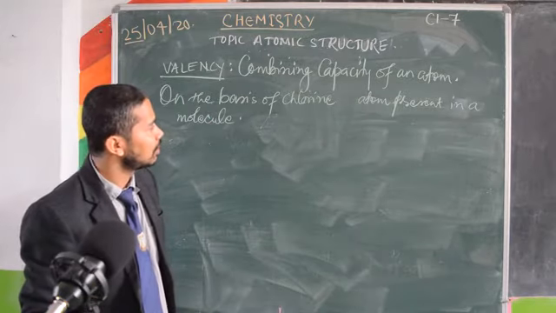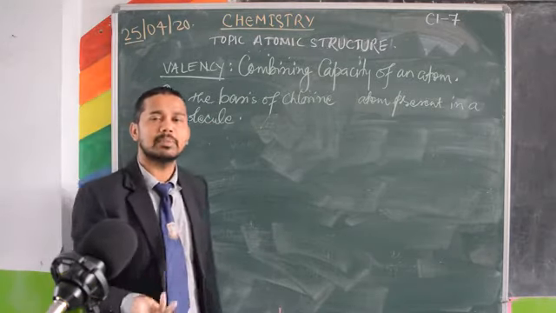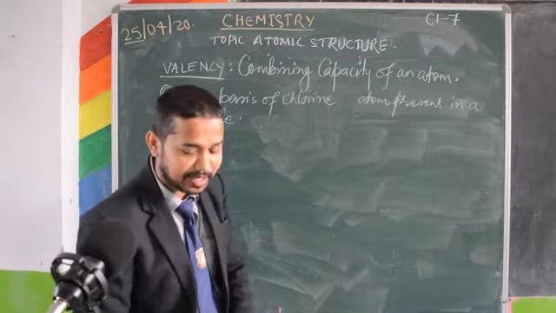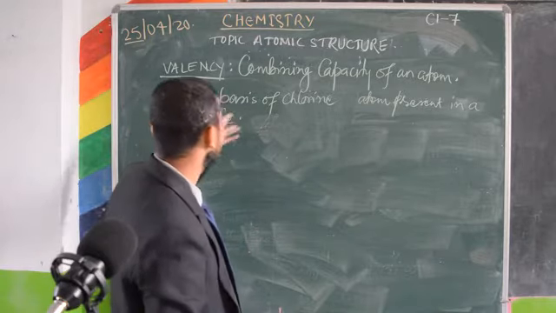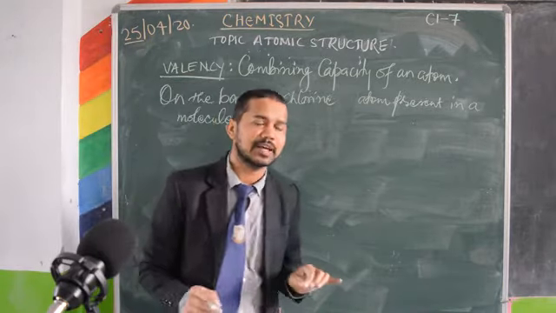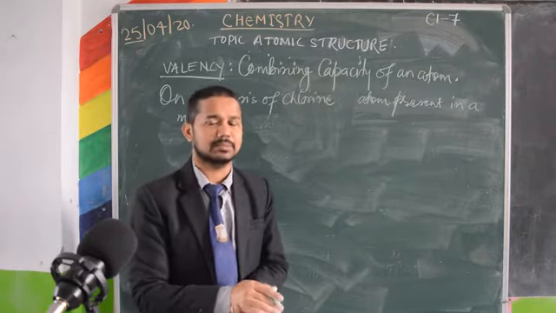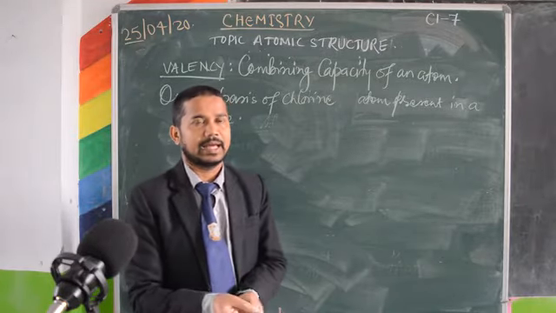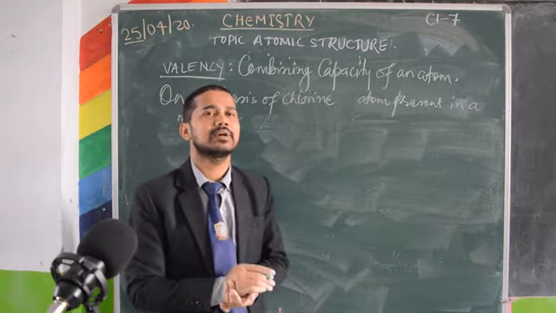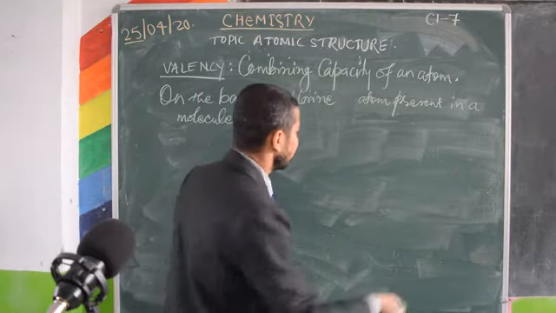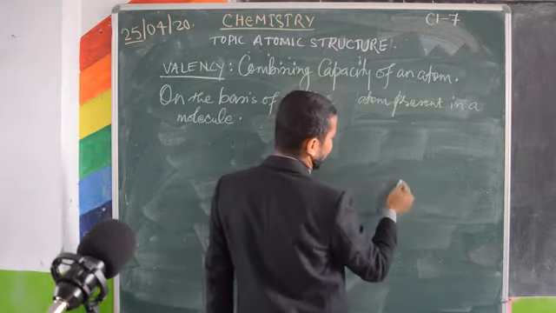So we can define valency on the basis of chlorine also. That means the valency of a particular element is the number of chlorine atoms present in that particular molecule. So let me draw for chlorine.